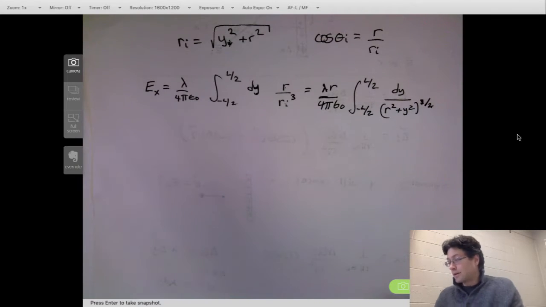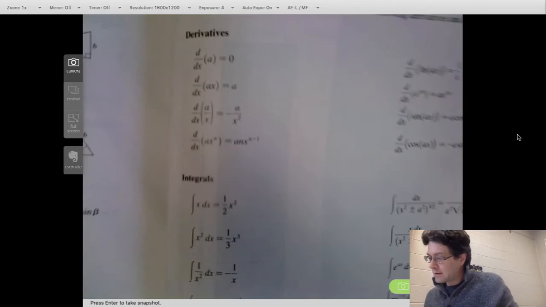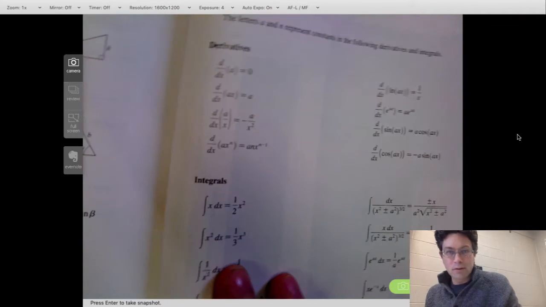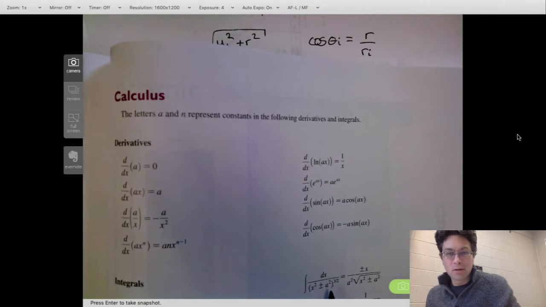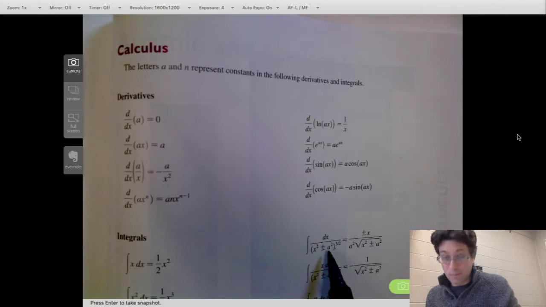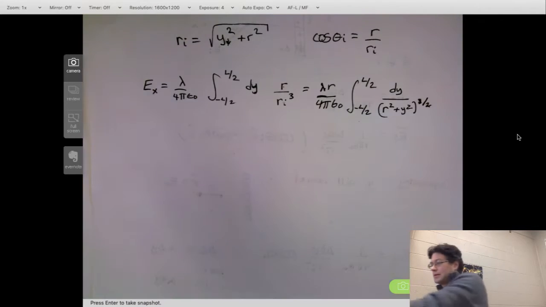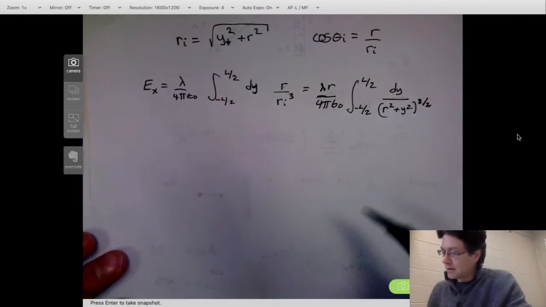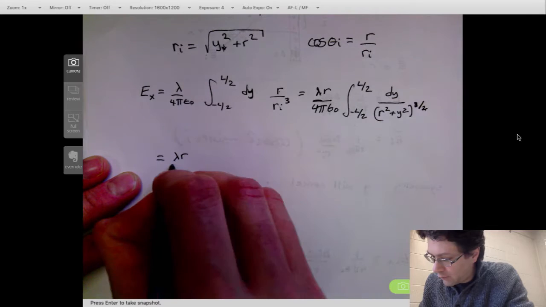Okay, so then you go take your book. In the exam, this would be given. It says this is what kind of integral? This is appendix A, where we replace x with y, so this is dy over (y squared plus r squared) to the 3 halves. I'm going to use that to rewrite this as lambda r over 4 pi epsilon naught.